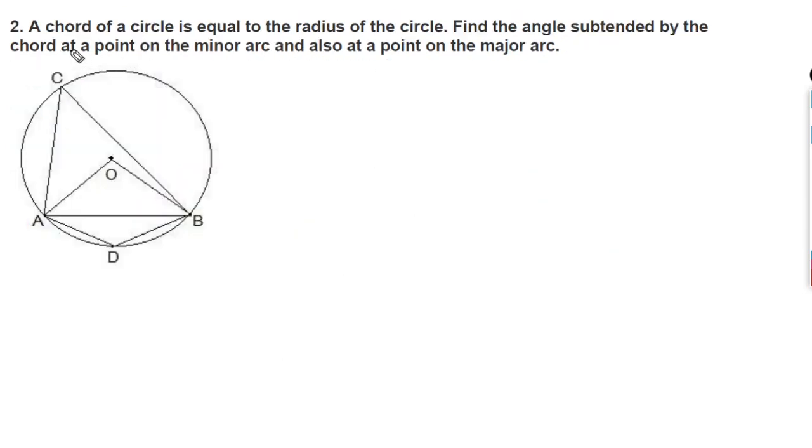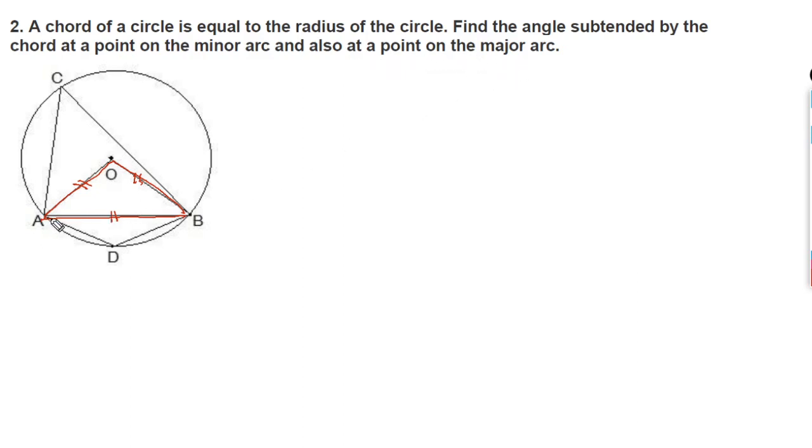So now we will start question number 2. A chord of a circle is equal to radius of a circle. So a chord is given, let AB be that chord. AB chord is equal to radius of the circle, that means AO and BO, these are the radius. So AO equal to BO equal to AB. Find the angle subtended by the chord at a point on the minor arc and also at a point on the major arc.